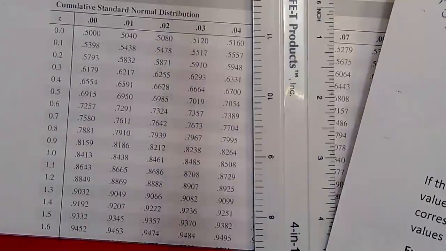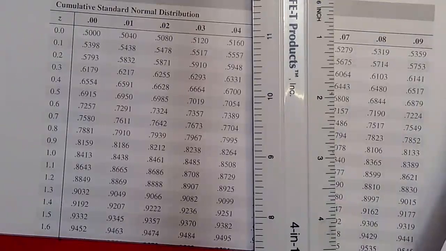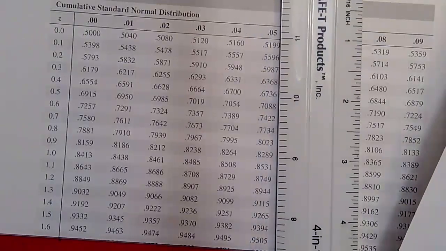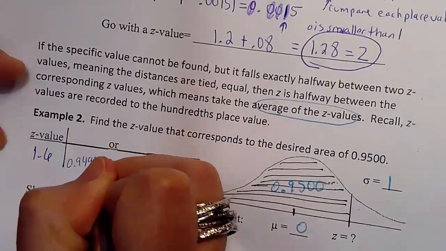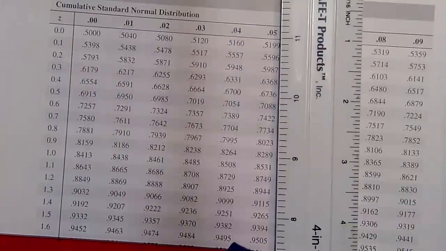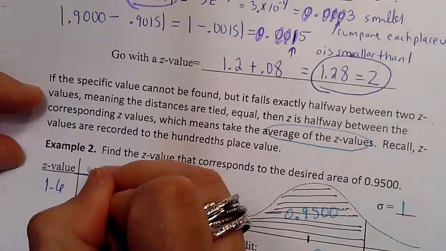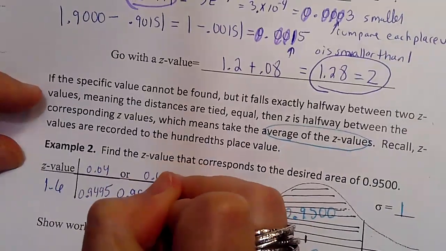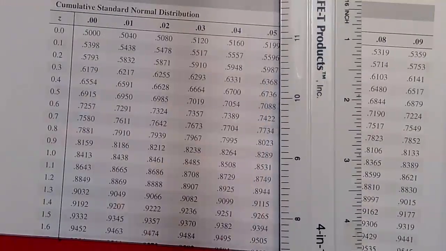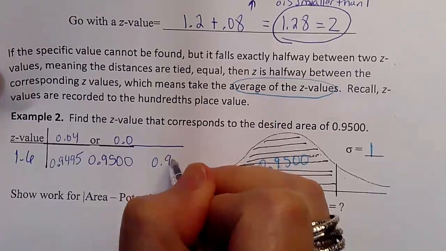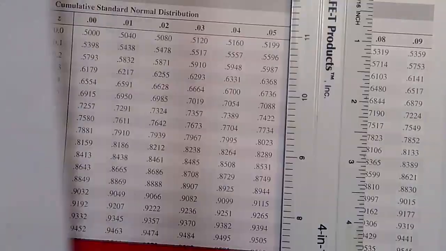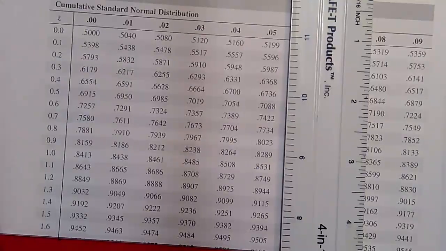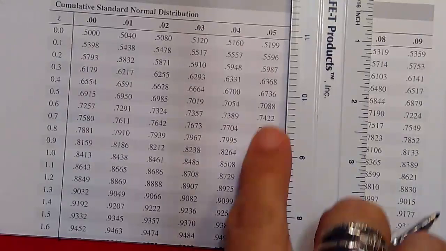And then it's between 9495, which was 0.04, and then 9505, sorry, which is 0.05.